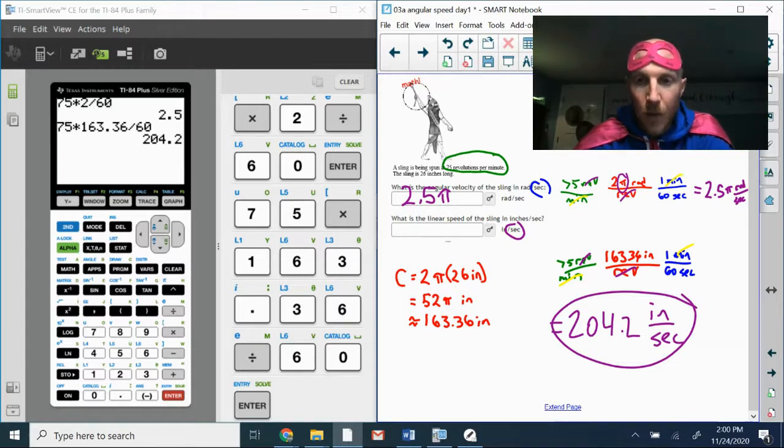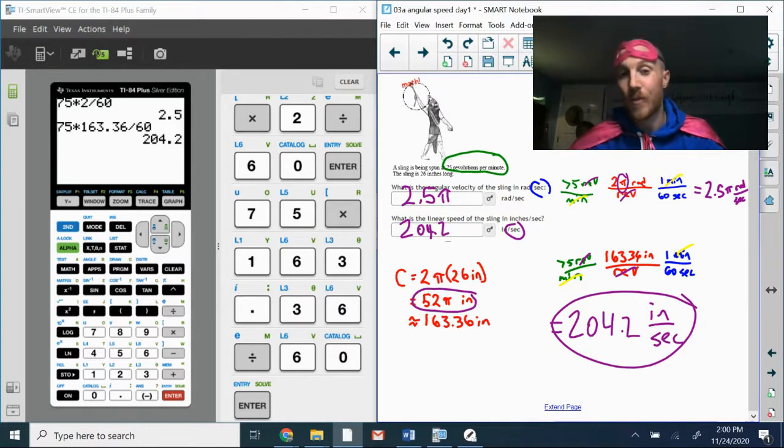Alternatively, in the calculation that I just did, if I had used 52 pi rather than the 163.36, I would have gotten a more accurate answer, because with the 163.36, I've already rounded that. If I leave it as 52 pi, I'm going to get a more accurate answer. I think either way, we're going to be fine in this problem, but in general, the longer you leave pi as part of your answer, the better.